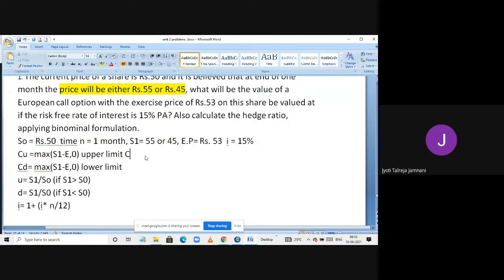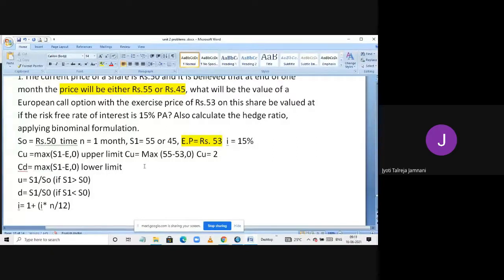So CU is equal to maximum of S1 minus E. Upper limit means which S1 should I take, 55 or 45? 55. 55 minus E. Exercise price is given here. How much is the exercise price? 53. So 55 minus 53 comma 0, which is maximum that we have to take. So CU is equal to 55 minus 53, which is plus 2. 2 or 0, which is maximum? 2 is maximum. So CU value is 2.